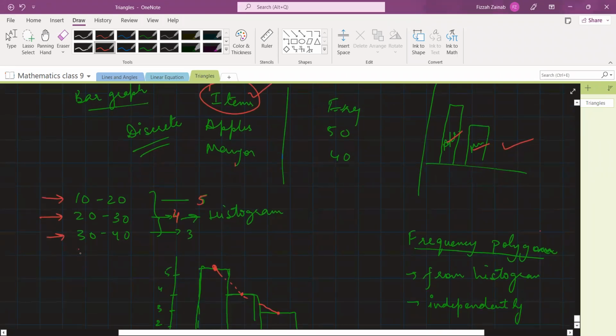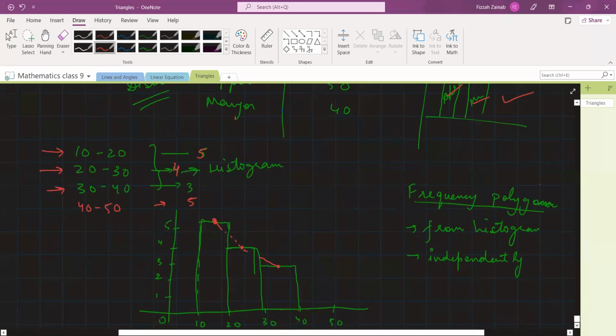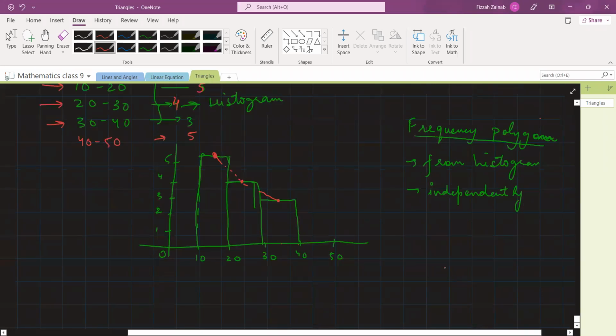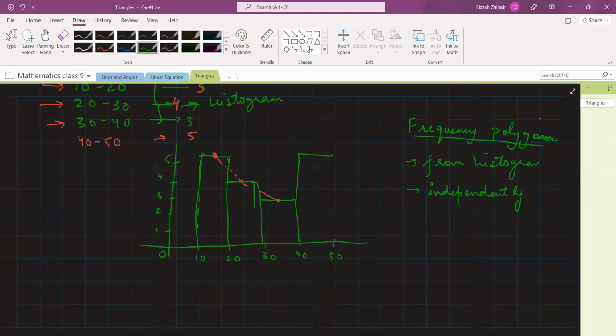If you want, you can include the next also, whose frequency, let's say, is again 5. So 40 to 50, this is again 5. So this is how it looks like. So as you can see, there is no gap between the bars here. So that is the difference between bar graph and histogram. Okay.